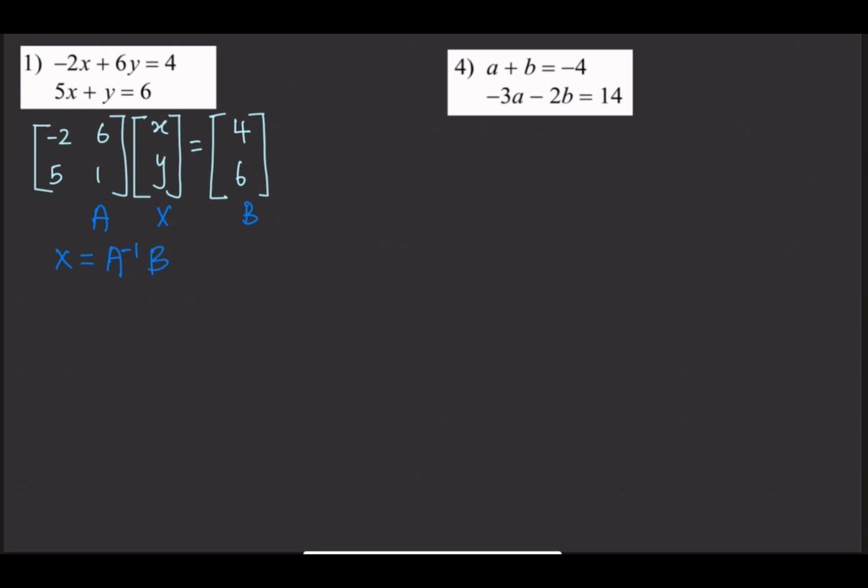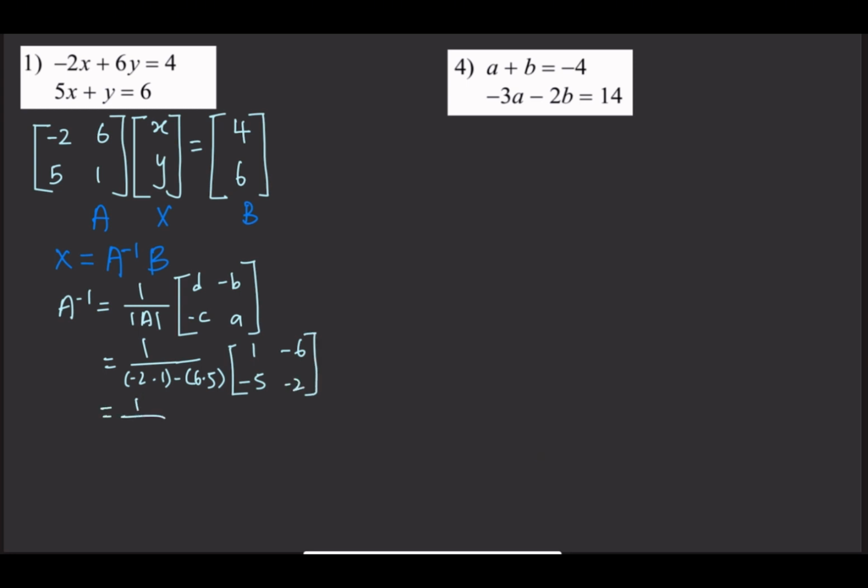Inverse of A times B. Okay, multiply by B. Now, inverse of A equals 1 over the determinant of A multiplied by D, -B, -C, A, which equals 1 over the determinant of A, -2 multiplied by 1 minus 6 multiplied by 5, D is 1, -B is -6, -C is -5, A is -2.